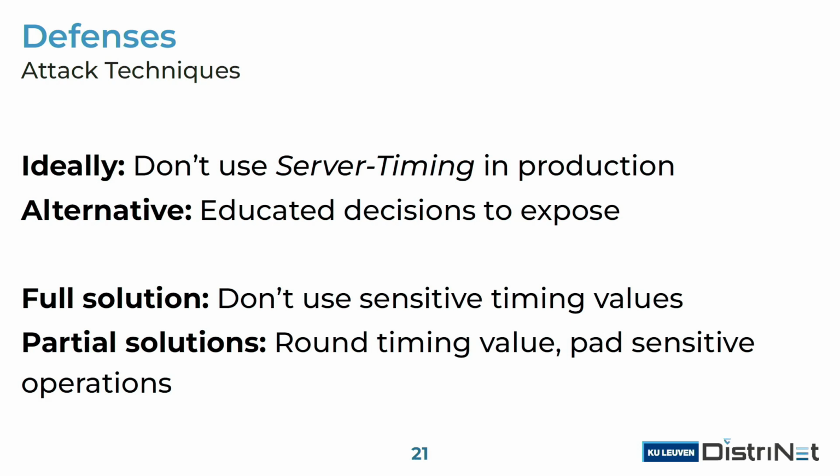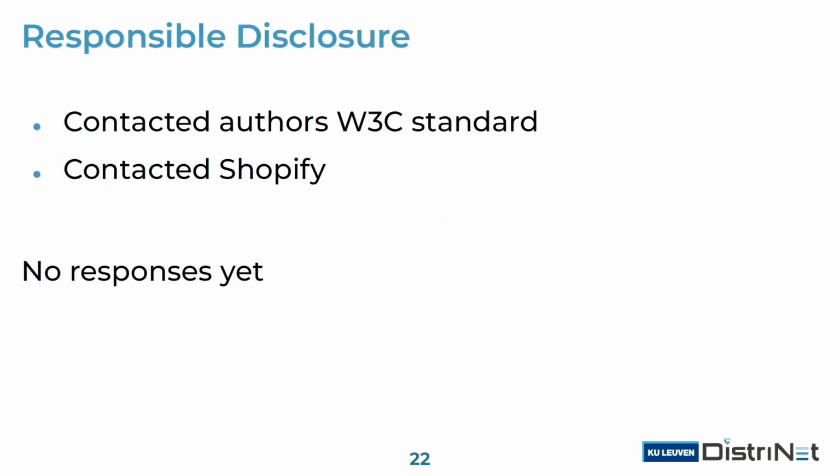And if you send these types of attacks to companies and vendors, they're often not willing to try to solve these types of timing leaks. Which we also see because we sent this to the W3C authors of the draft.